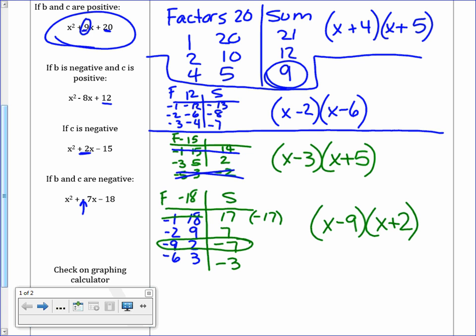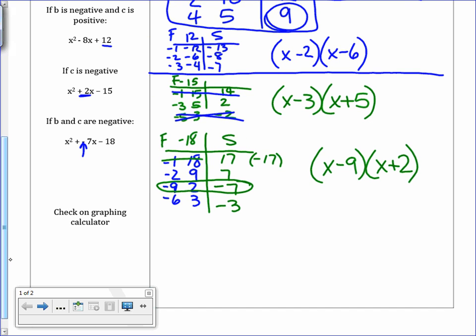Now, if we took this the next step, what we would do is we would go ahead and say x minus 9 and x plus 2 equals 0. Like if I had this original problem right here and said equals 0.